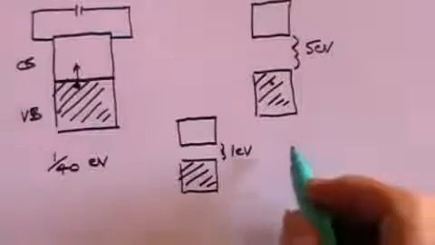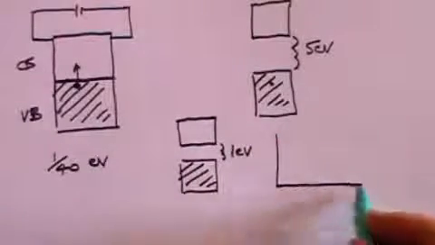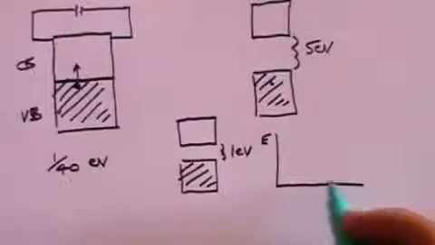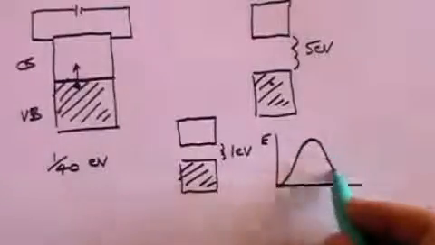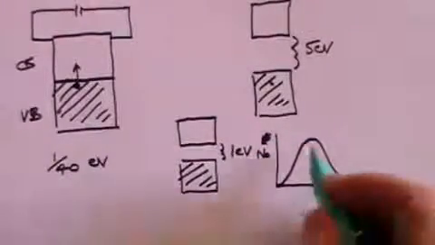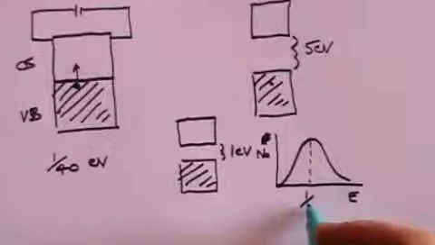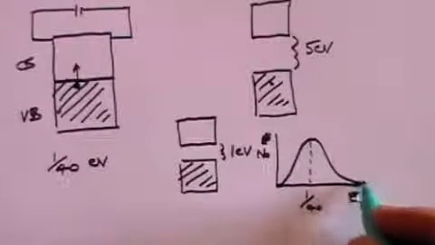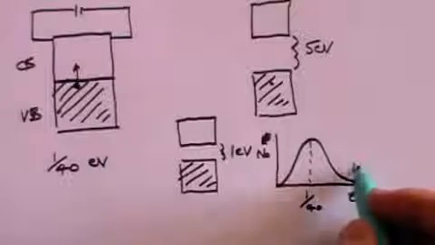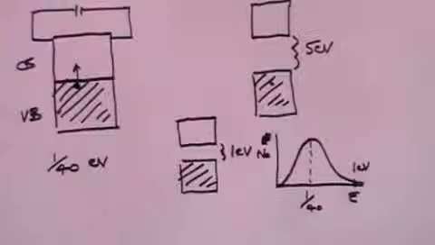Of course, a few will, because we know that the molecules in the air won't all be at the same energy. If you look at the number of molecules versus energy, the average will be 1/40th, but right out here somewhere, you might have a very small number of molecules that do indeed have an energy of 1 electron volt.